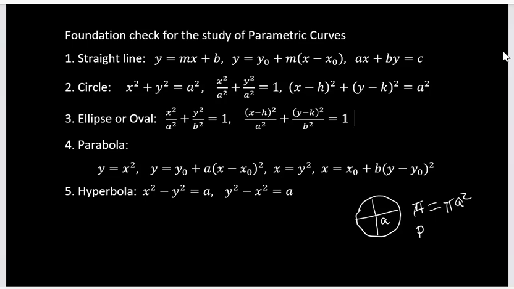And the total arc or the perimeter or circumference will be 2πr. So the idea could be thought of like this: π times a times a for a², and this one is π times (a + a).